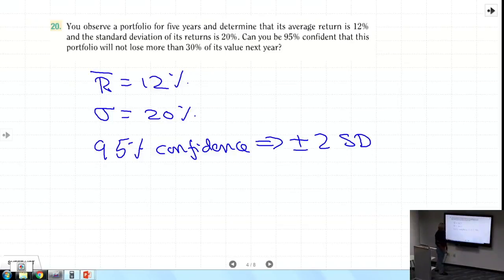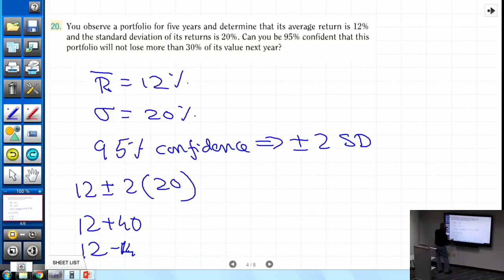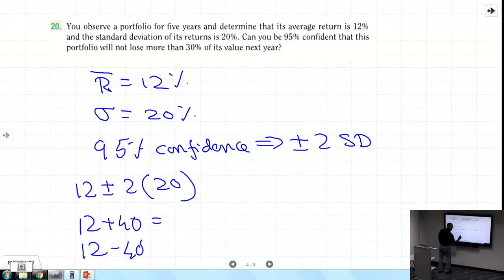So it is 12 plus minus 2 times 20. That means it will be 12 plus 40 and 12 minus 40. So the range would be 52 to -28.